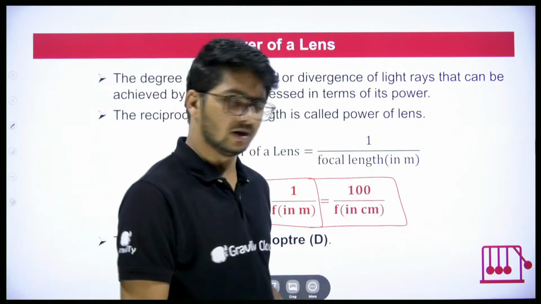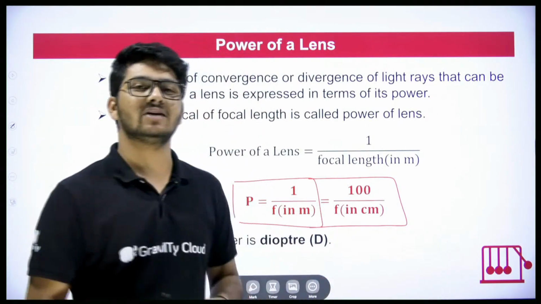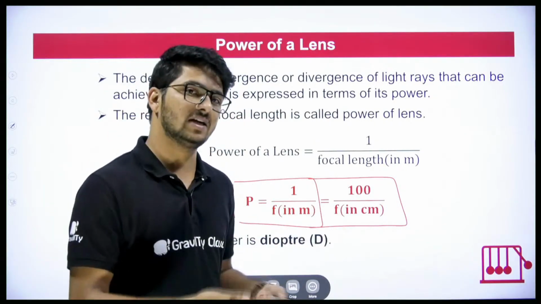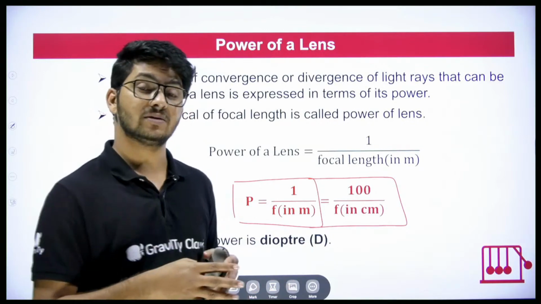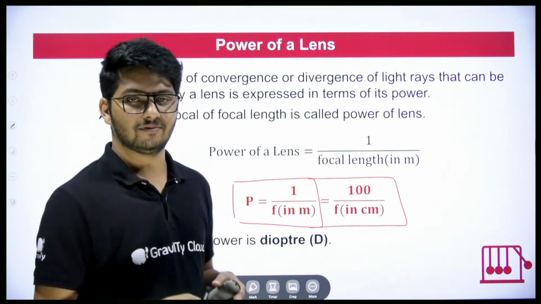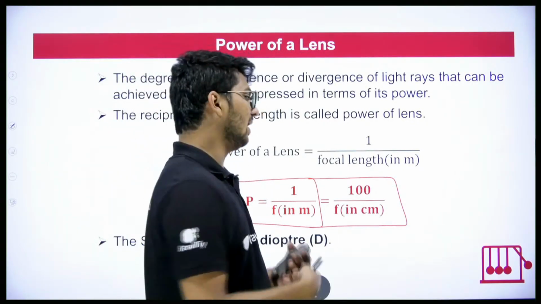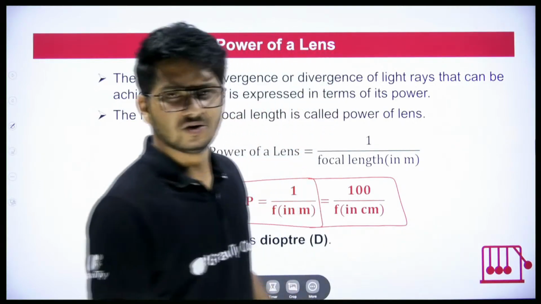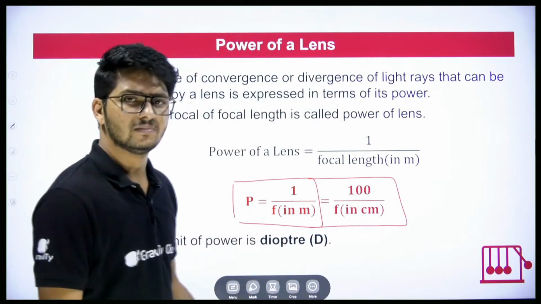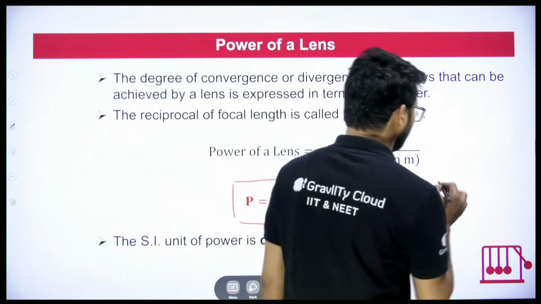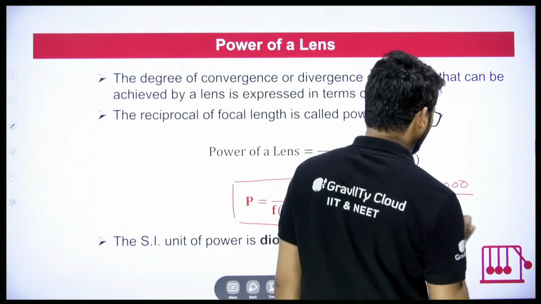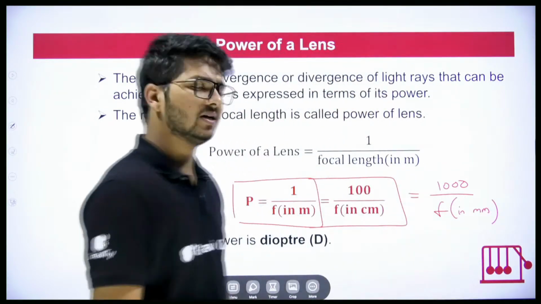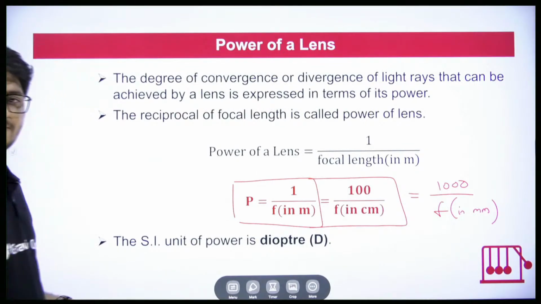So very simple formula, 1 by f. The only thing we have to be careful about is whether the units are in meters or in centimeters. Now you might ask me, sir, what if the focal length is in millimeter? Then just convert that into centimeter or meters. Or else if you need, you can say 1000 by focal length in millimeter. But mostly you will not come across millimeter, it will be in centimeter.